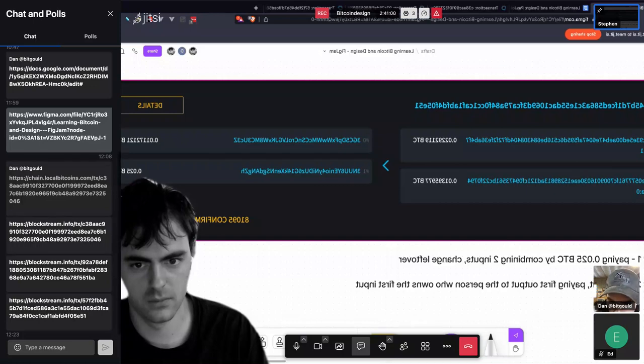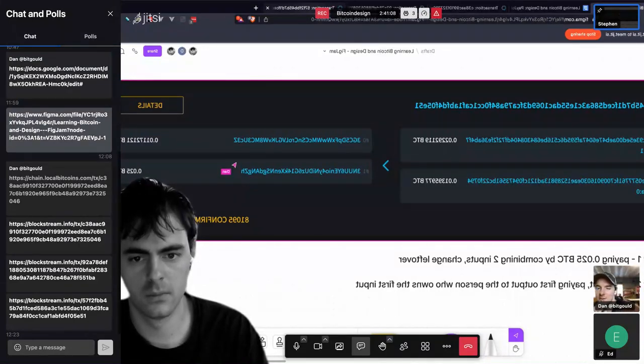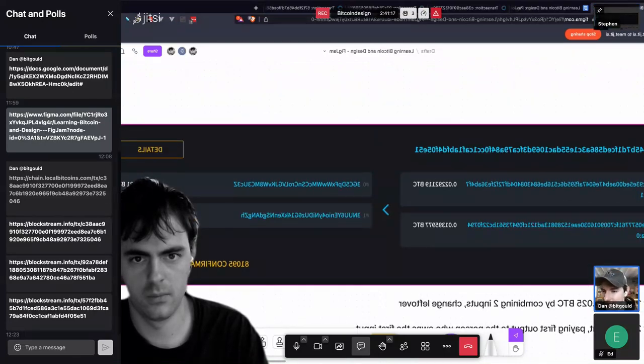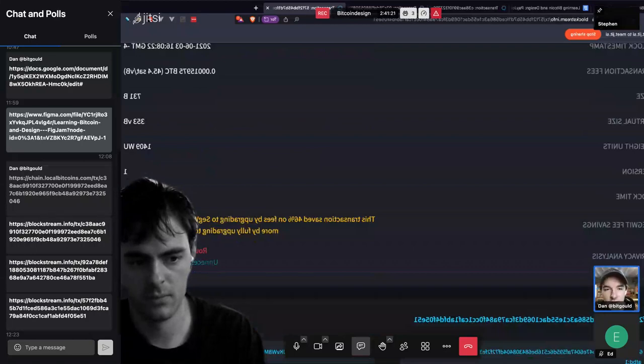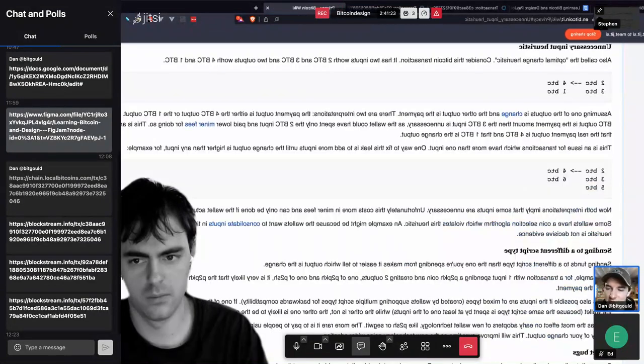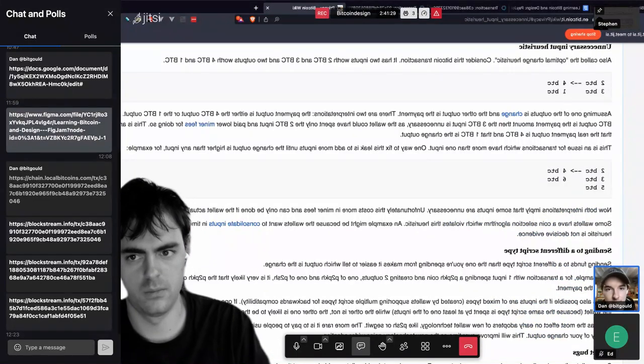It also has the interpretation where the second input paid the person who controls the first input and the second output. I think those are the only two interpretations. Got it. Okay. And that's because, is this cropped? Oh, if this were uncropped, if you look, let's go look at it, it has something called unnecessary input heuristic. So there are some ways to make it completely ambiguous, but it doesn't have that second ambiguity.